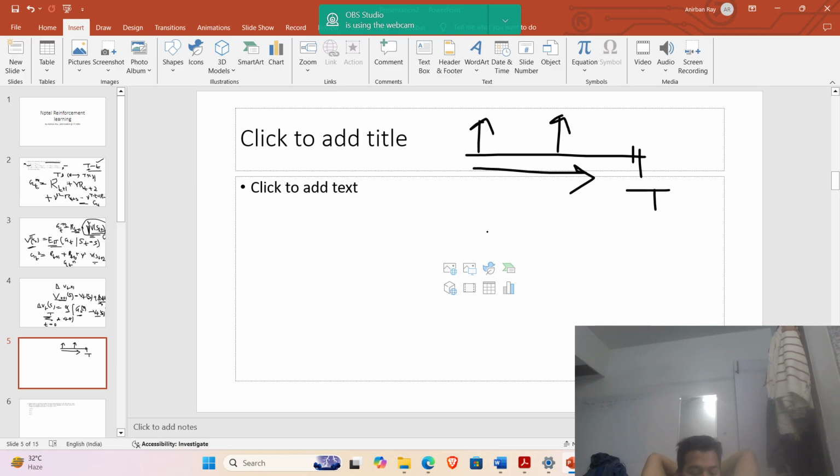So you want to distribute that. When you are at the future and you're looking back here, this is called the backward view. Backward view of td lambda. So you're focusing on the backward view of td lambda.